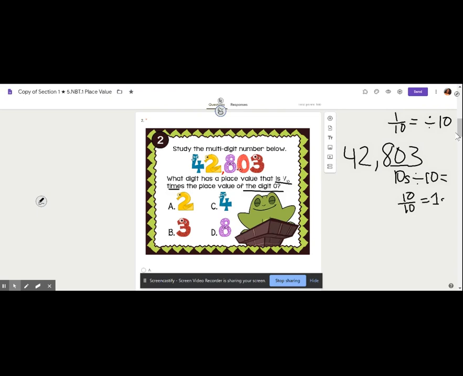So I want the ones place. Which number is in the ones place? Ones place has the 3 in it. So it's this number. B. These are super, super simple. So use the notes that I just showed you to answer both your task card assignments.